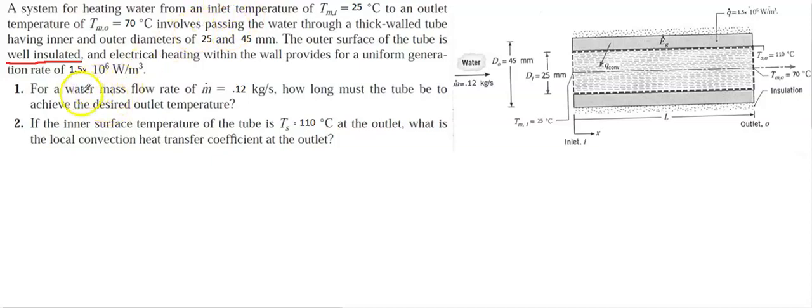So see here, for a given water mass flow rate, how long must the tube be to achieve the desired outlet temperature? The outlet temperature is 70 degrees centigrade.